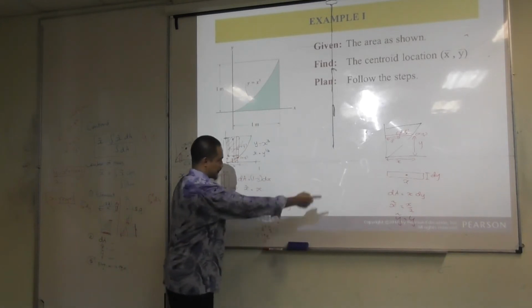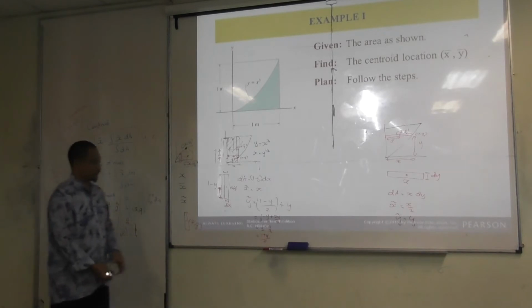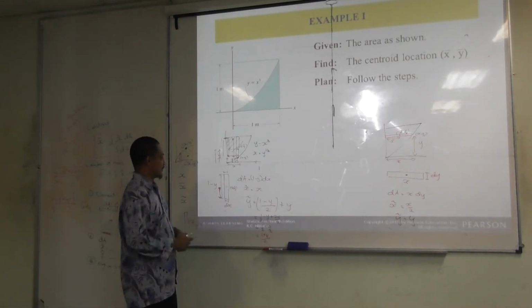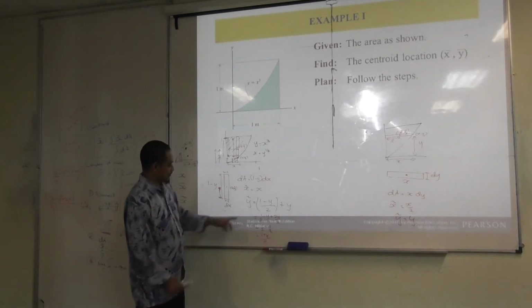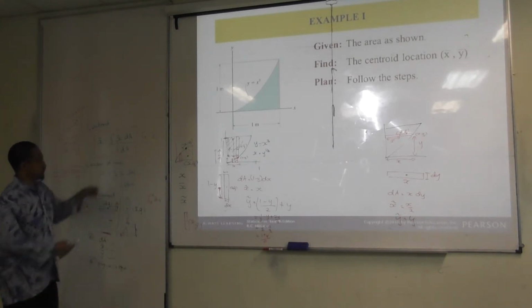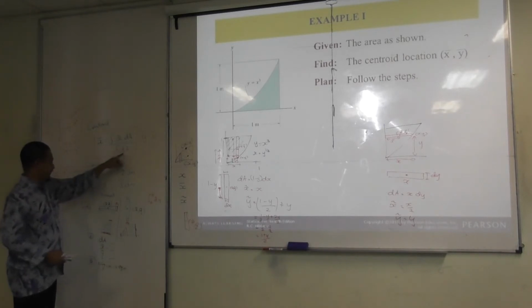So now we have established this second part, the A, x, y, x weight, y weight, right? So we have whatever that. The rest is just integration. Now, as you can see, the selection will affect a lot. When you have an equation like this, x will be the integration of x dA over integration of dA.